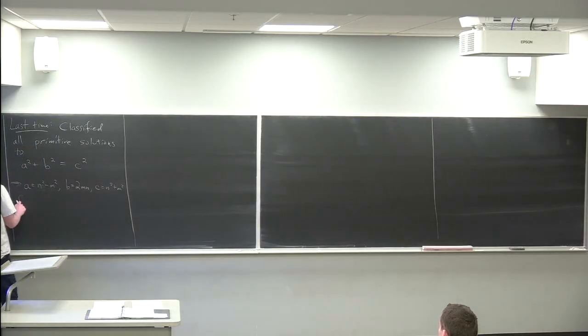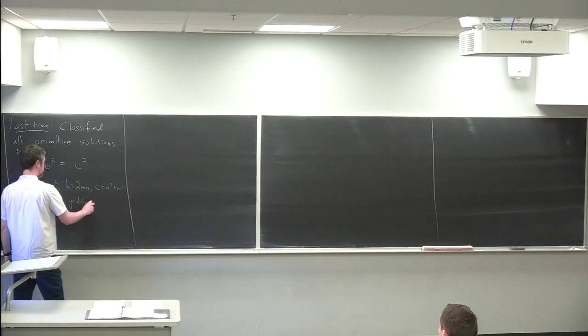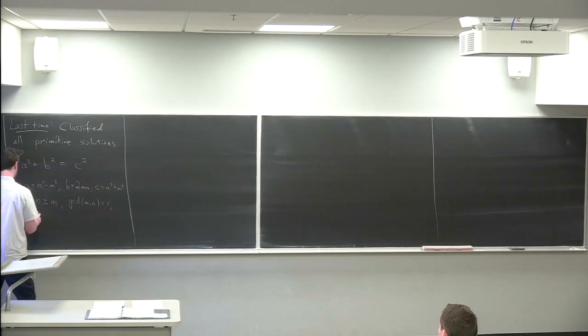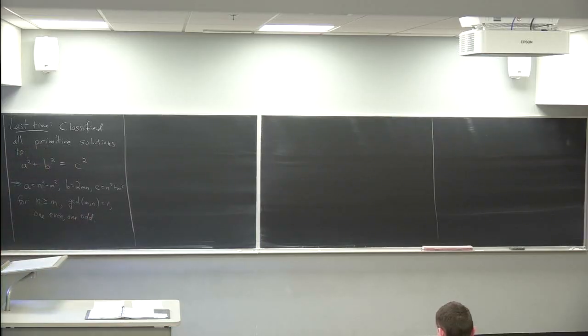So n was larger than m here. They had GCD 1 and one even, one odd. So that was the full classification.